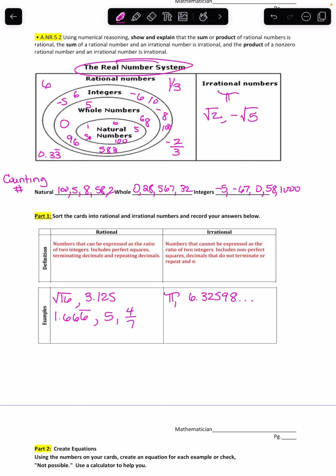So that's a non-terminating decimal. And they also said non-perfect square root, like the square root of 6. I cannot break that down any further. It's just the square root of 6. But the square root of 16 breaks down to 4. So those are your examples.